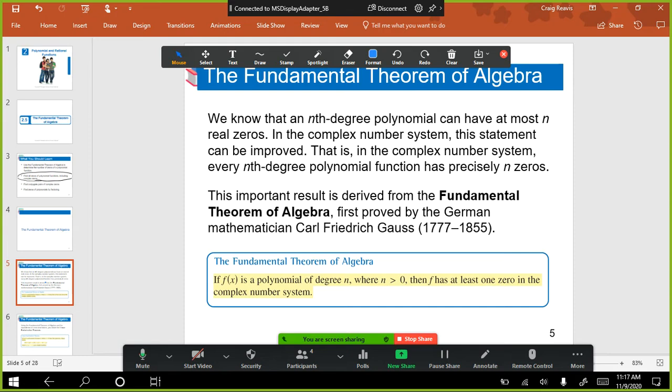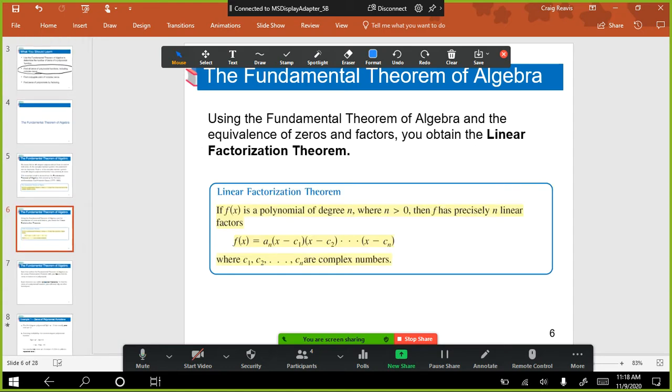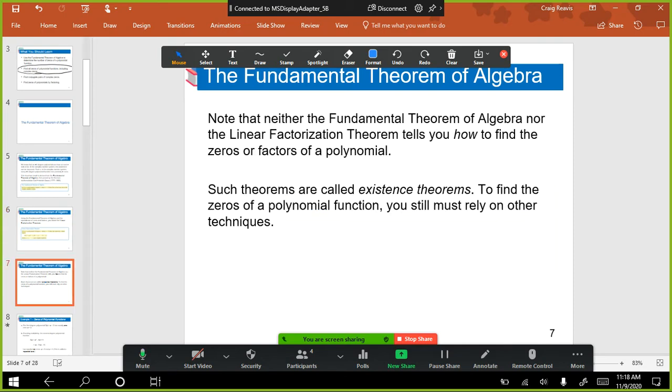It says if f of x is a polynomial of degree n, where n is greater than 0, then f has at least 1 zero in the complex number system. So complex number system includes both the reals and the imaginaries, right? Remember that. All right. That doesn't really help us.